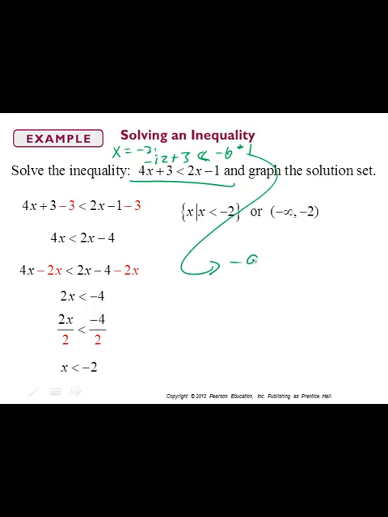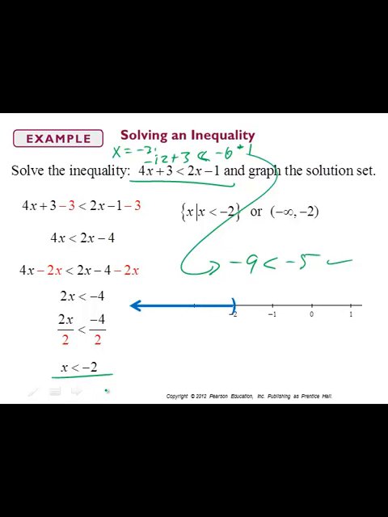Negative 9 less than negative 5. And that's a true statement. I'm not saying I'm checking the solution. I'm just checking to make sure that it makes sense, though, by plugging in some number from the solution set, for example, negative 3, to see that the inequality really is true for some number from the solution set.